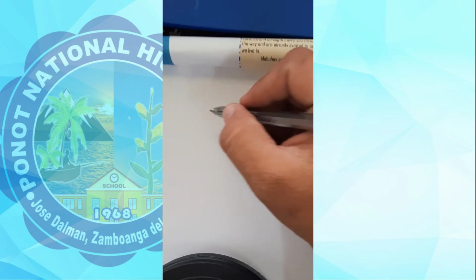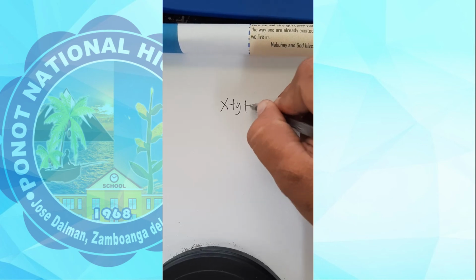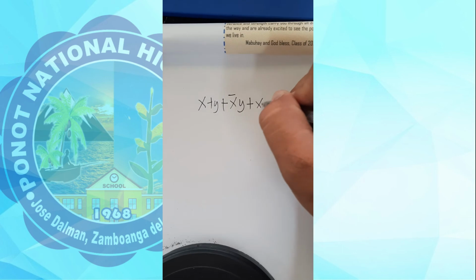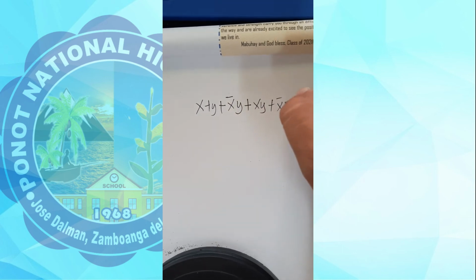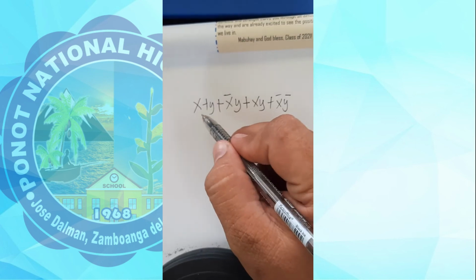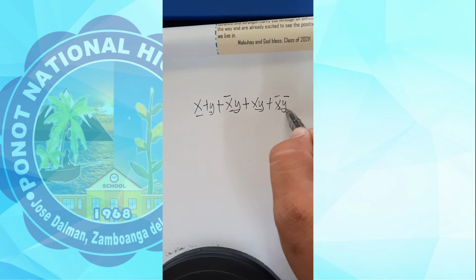Okay. We have here x plus y plus x bar y plus xy plus x bar y bar. So, dito, we have ilang terms? 1, 2, 3, 4, 5 terms.